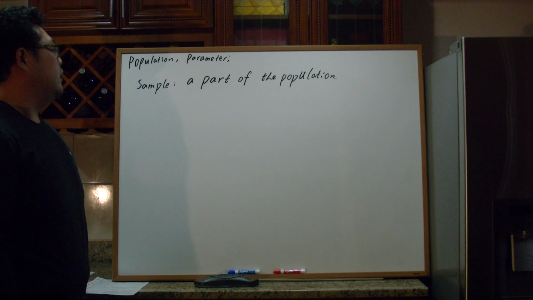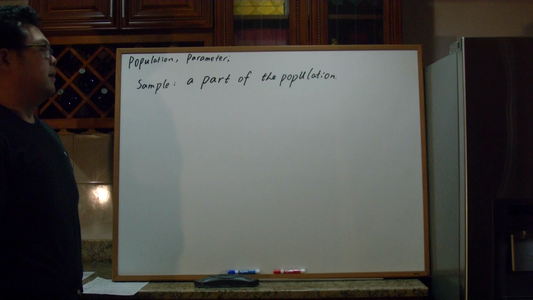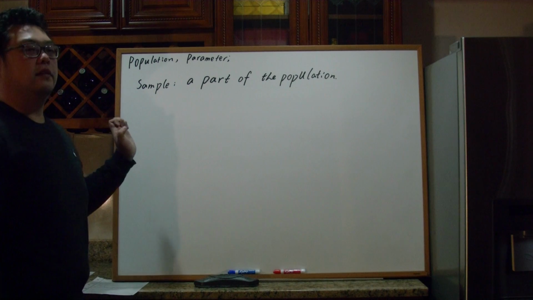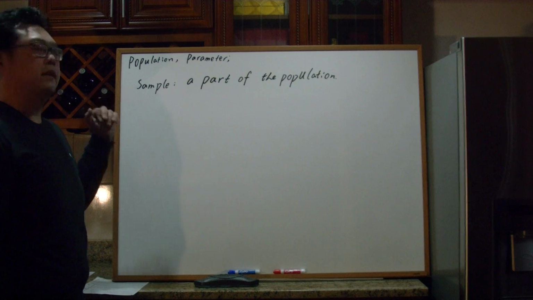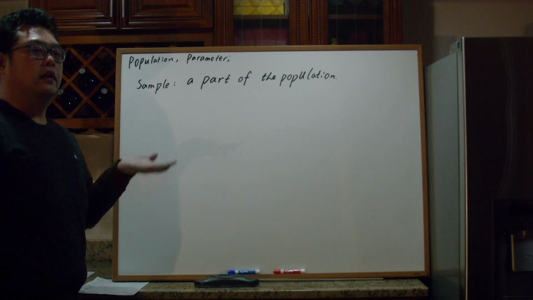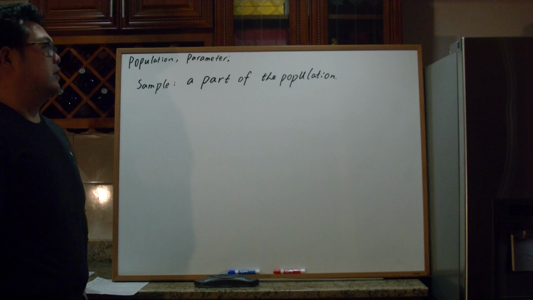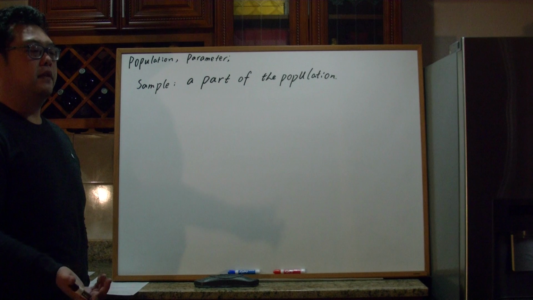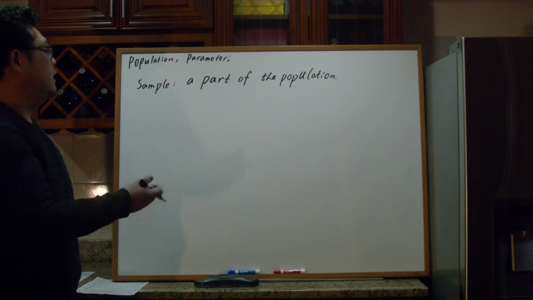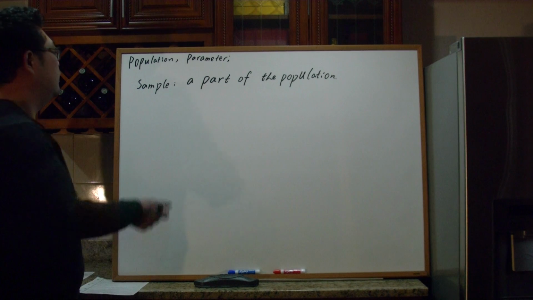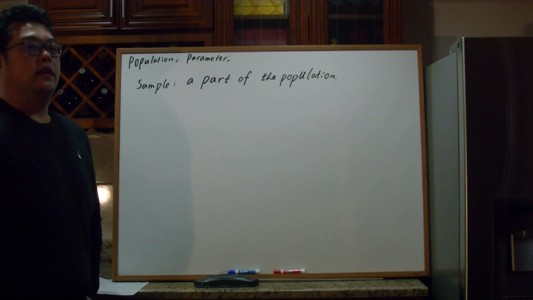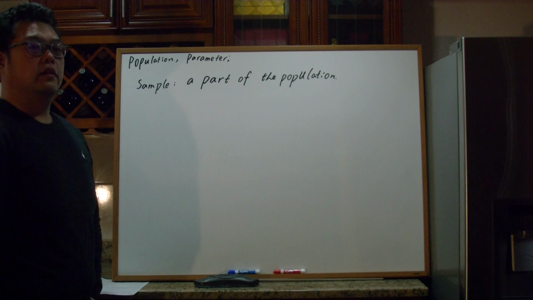Then those 10,000 people who live in New York will be the sample from the population, which is every single individual in New York City. The sample now is the 10,000 people we observed.